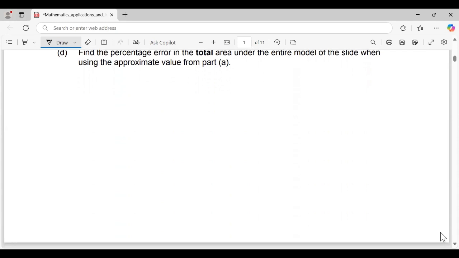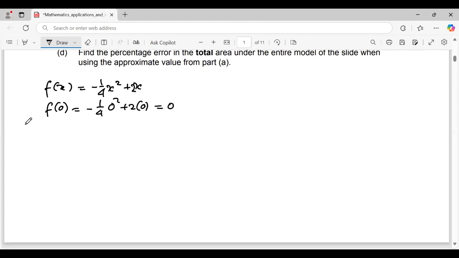Okay, let's calculate. We're going to calculate the height. f(x) = -1/4 x^2 + 2x. f(0) = -1/4 times 0 squared plus 2 multiplied by 0.